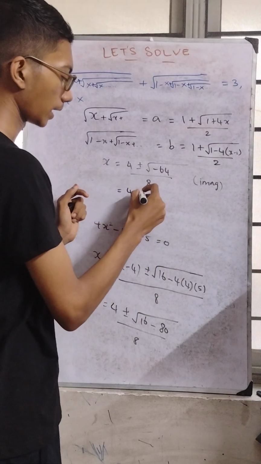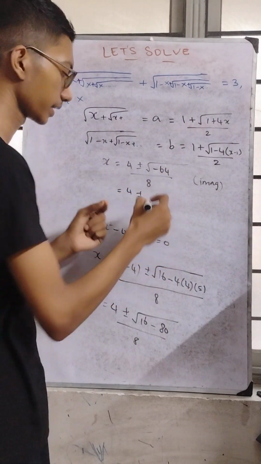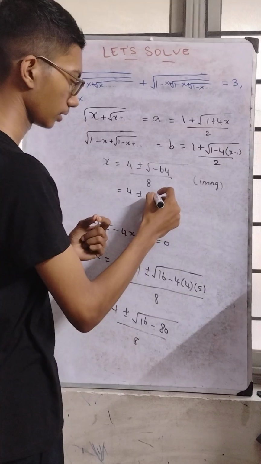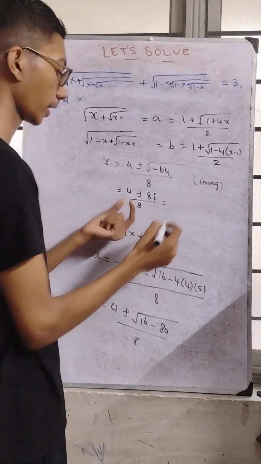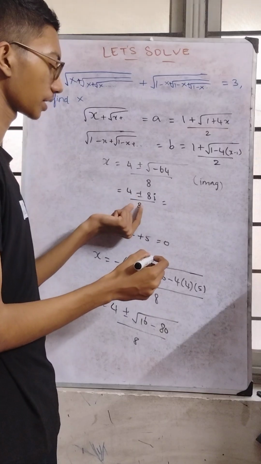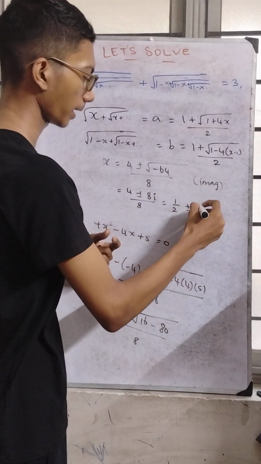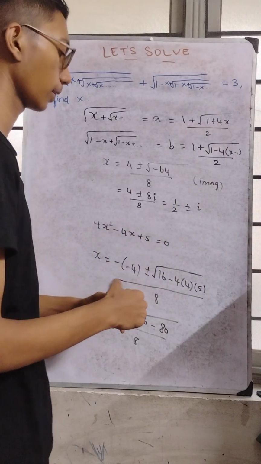So if we do that, 4 plus or minus, the square root of 64 is 8, and the square root of minus 1 is i. So we have 8i by 8. Now distribute this 8 to 4 and 8i, we get 1 by 2 plus or minus i. So this is the final answer for this problem.